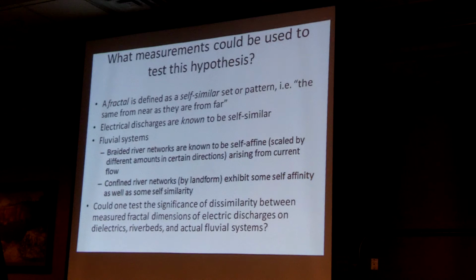So already we're confounding our hypothesis, because either those surroundings were there first and then the river came, or the river caused those surroundings. So that's a hard thing to investigate if you're investigating something that happened in the past. So I'm wondering if we could tell this amount of dissimilarity, at least between these different types of fluvial systems versus supposed electrical discharge systems.